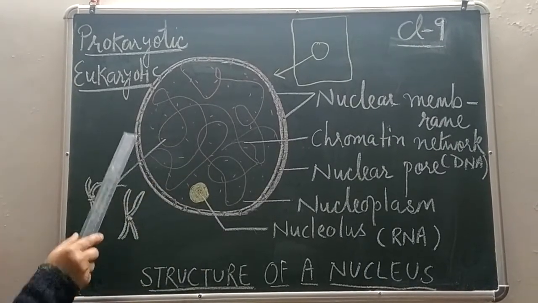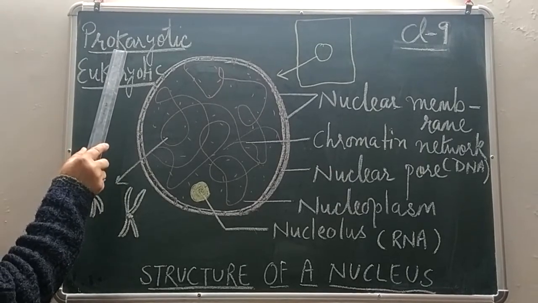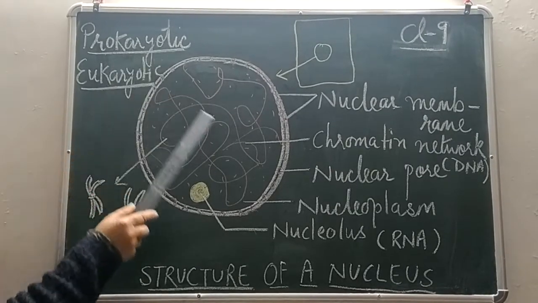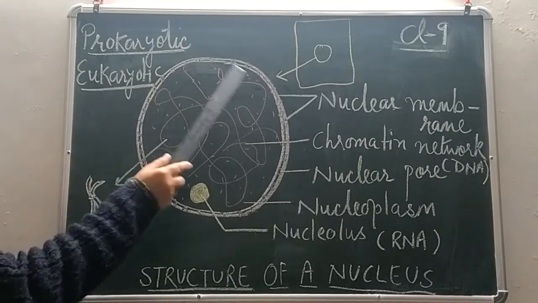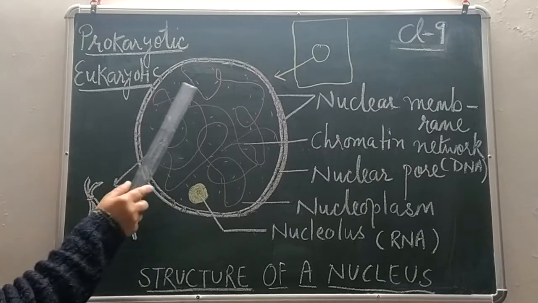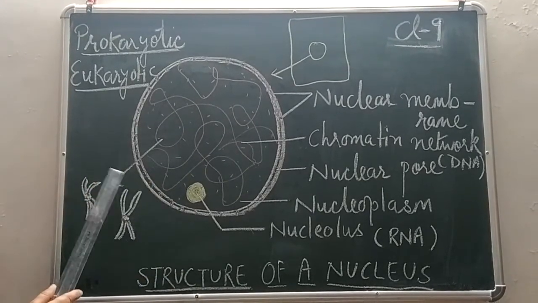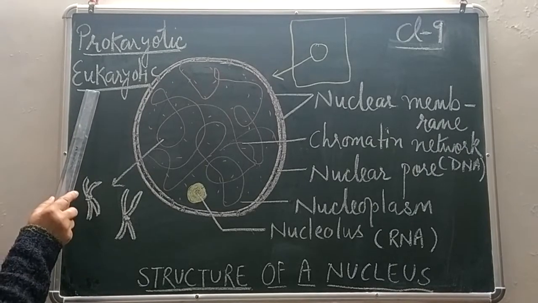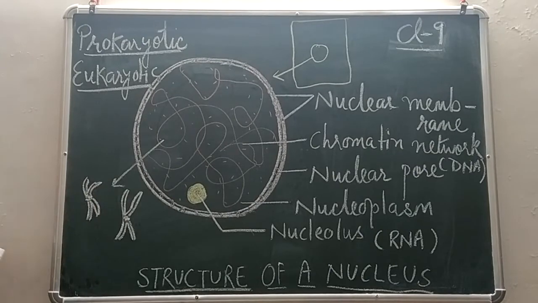So a bacterium cell is called a prokaryotic cell and bacterium is called a prokaryote. Except bacteria, all other organisms where the nuclear material is bound by a nuclear membrane are called eukaryotes and the cell is called a eukaryotic cell.